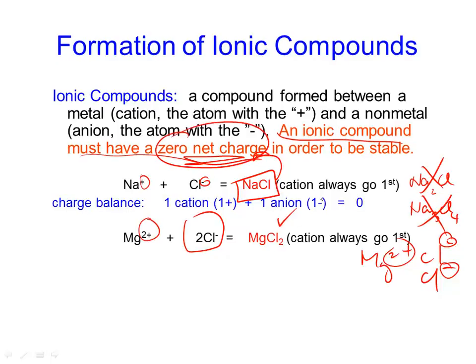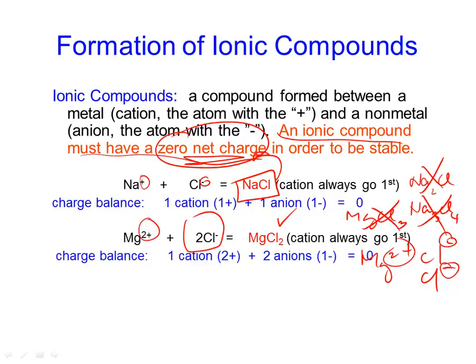So this is the correct formula. In other words, I cannot say this is the correct formula. There's only one correct formula for the ionic compound. How do I balance? 1 cation, 2 plus, 2 anion, 1 minus, total of 2 minus, so I got a 0.